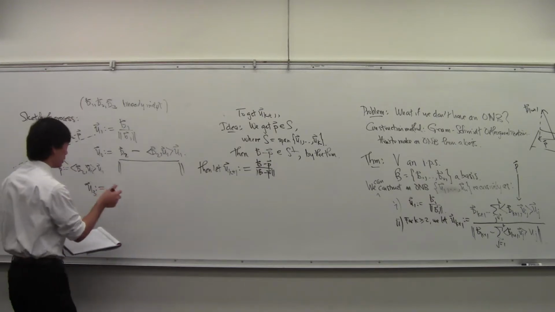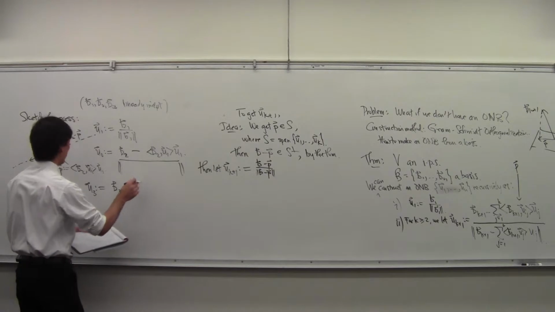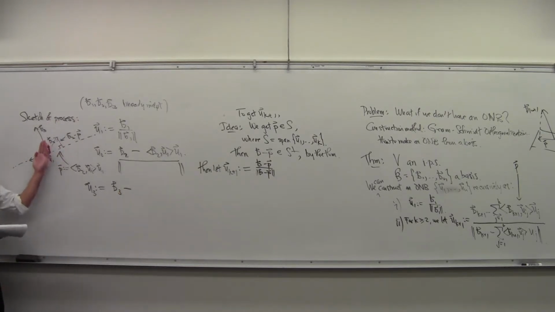We take B3 and we want to chop off the part that we project onto the span of U1 and U2. We get the span of U1 and U2, that's something like this, and then we project down to it, we get something perpendicular to that.